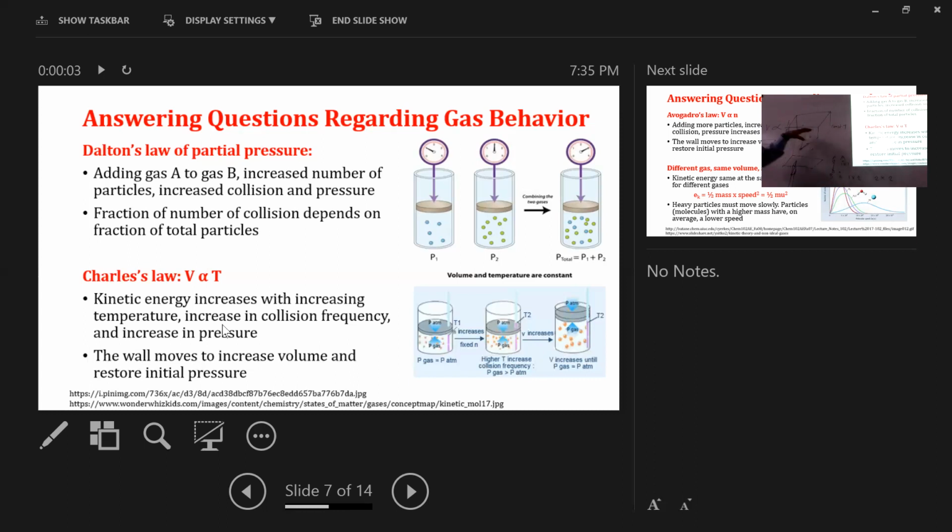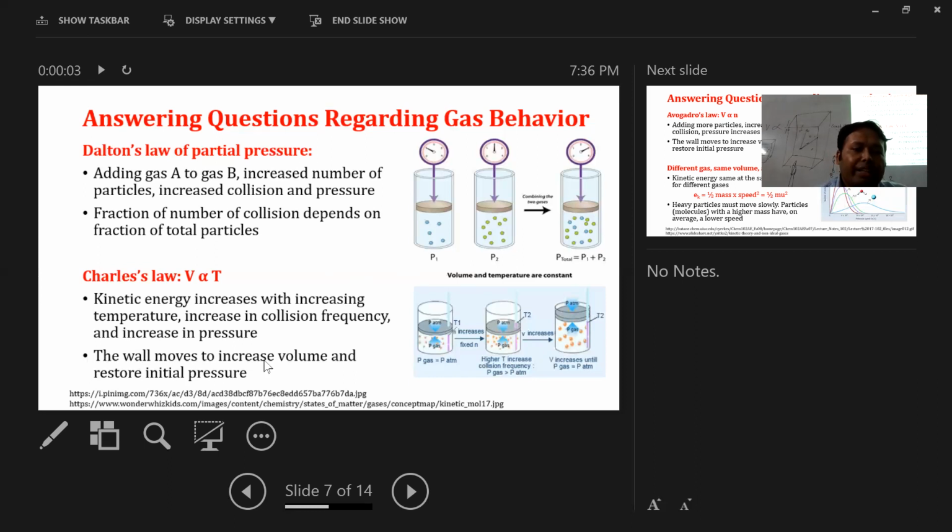But if you have the container as an open system, in that case, you have the space for the molecules to move. So in that case, we will consider that the volume will increase with the temperature. So kinetic energy increases with increasing temperature, collision frequency increases, and pressure increases. All of them are okay.